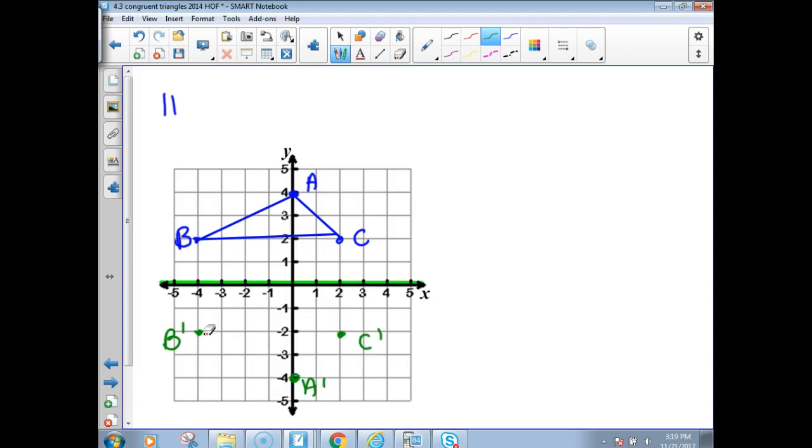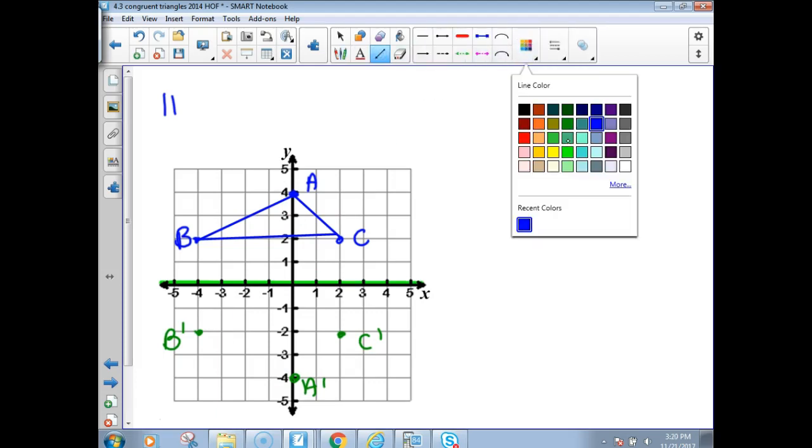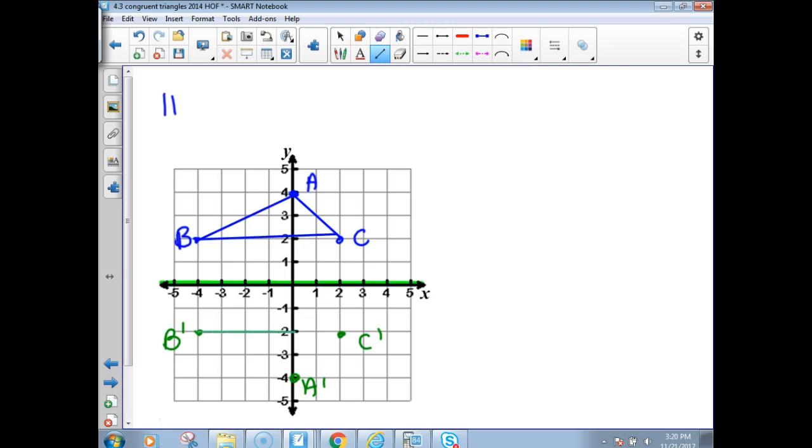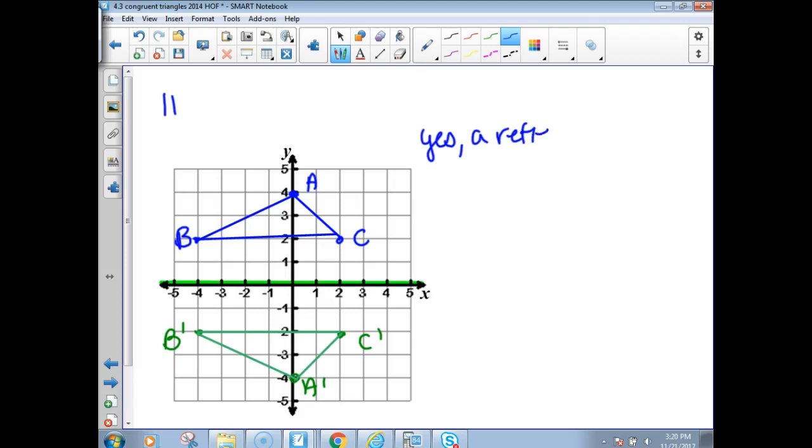All right, you guys are really pretty good at reflecting these triangles. Now, the question is: are these triangles congruent? And they certainly are. Why? A reflection is a what?